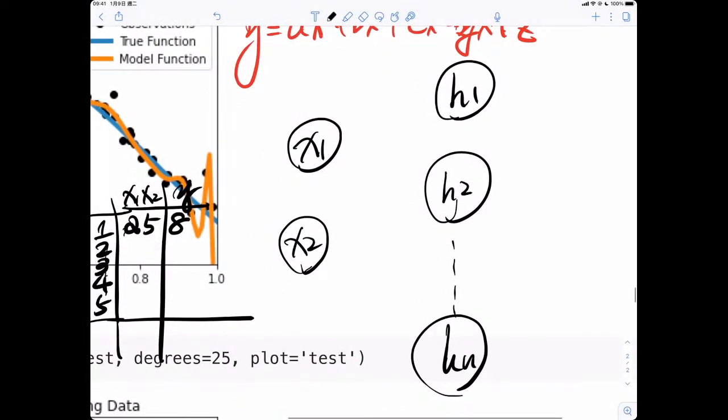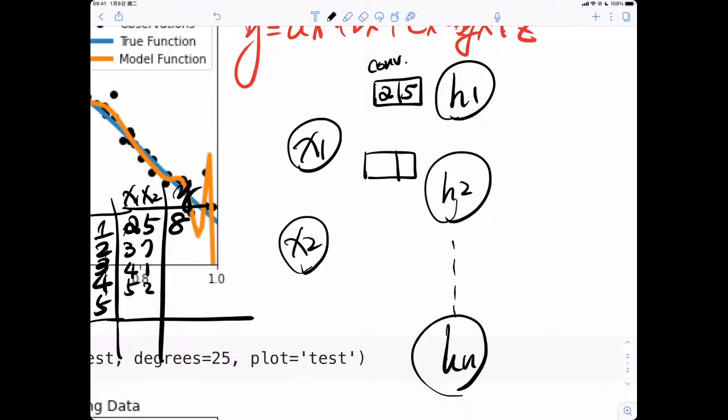The first convolution layer right here is like that. This kernel has only 2 values. The first convolution is 2 and 5. The second convolution is 3 and 7, and so on and so forth. The last convolution is 7 and 2.